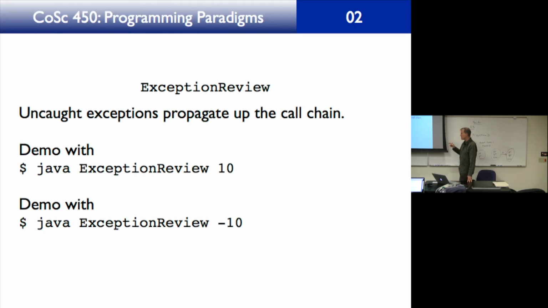This is an example that's not in Sestoff. This is an example that I created to show how the exceptions propagate up the call chain. Now, tell me, what happens when a function gets called? What gets allocated on the runtime stack?